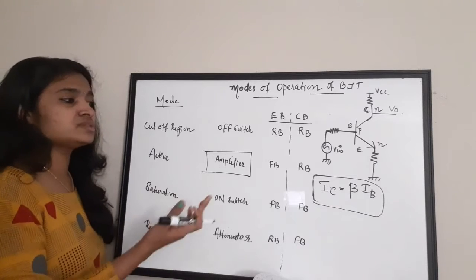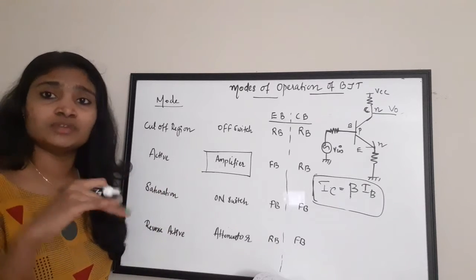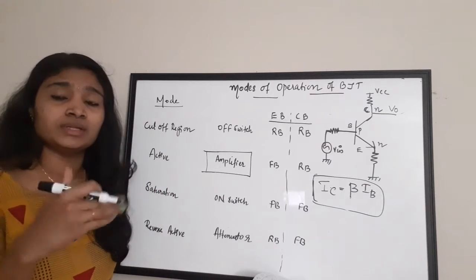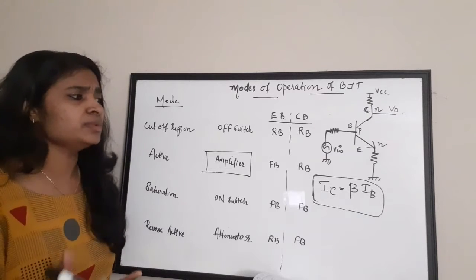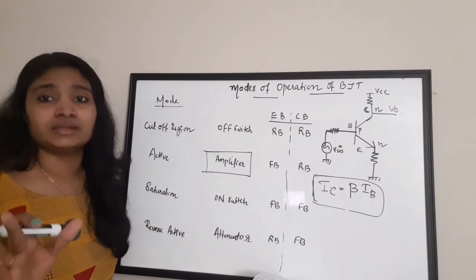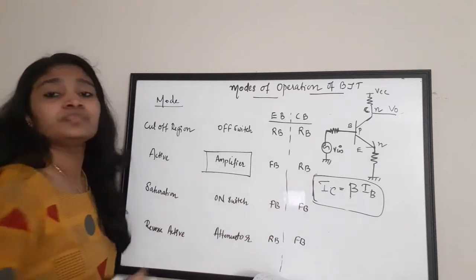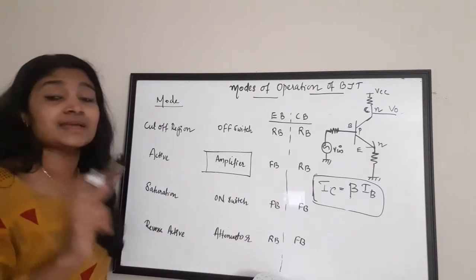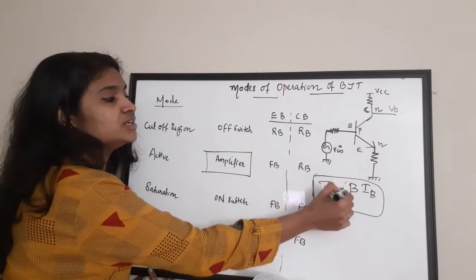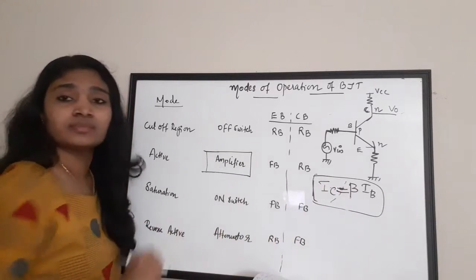The IC will get saturated. It won't increase further, even if you increase your input many times. So that is called your saturation mode, and in saturation mode, this relationship is not satisfied.